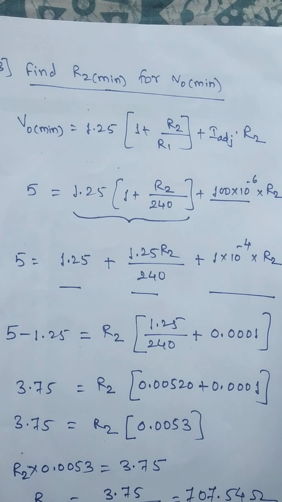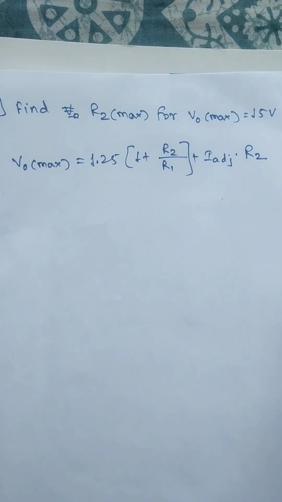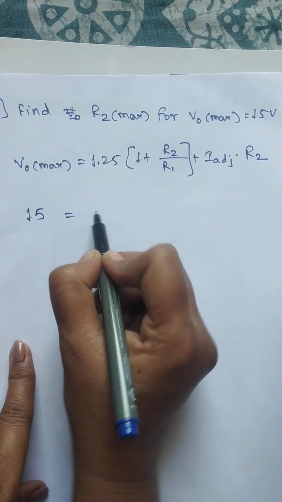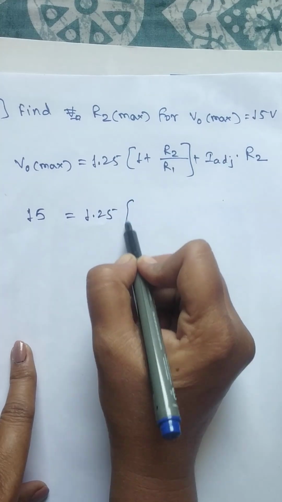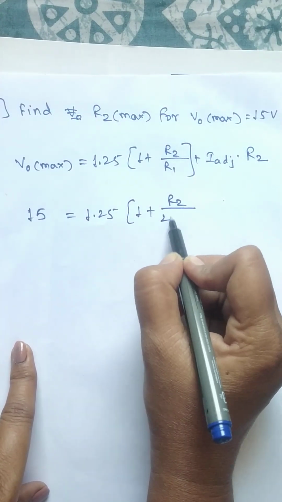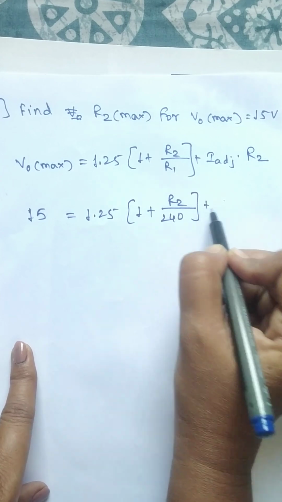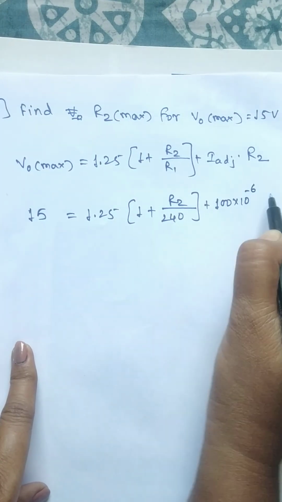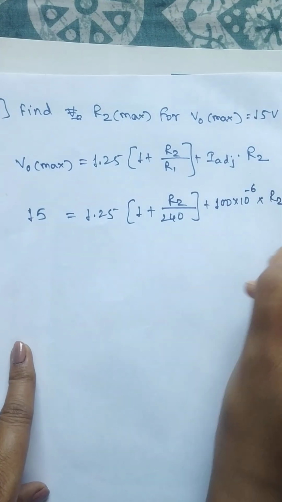In similar way, let us find out for V output maximum. So V output maximum is given as 15 volt is equal to 1.25 into 1 plus R2 value needs to be found out. R1 is 240 ohm plus I adjustable is 100 into 10 raised to minus 6 ampere into R2.